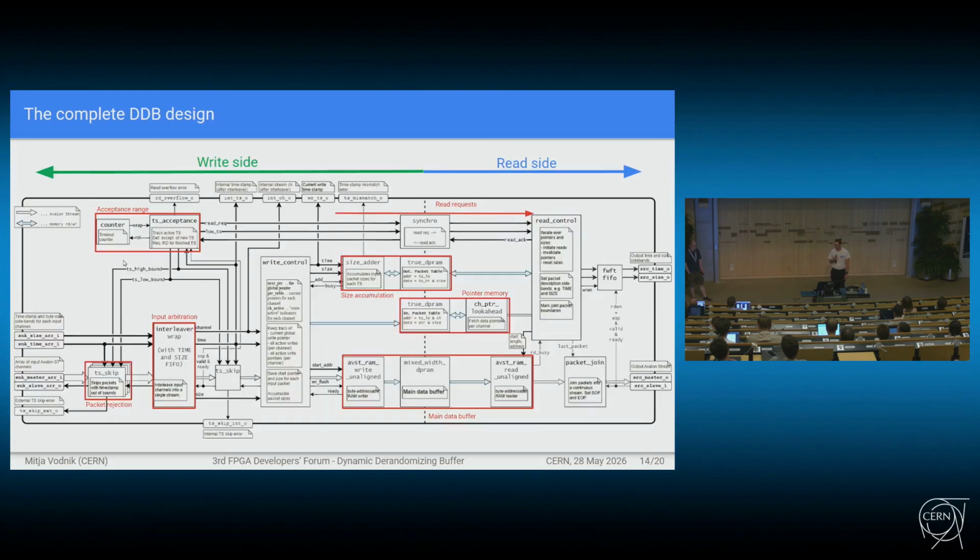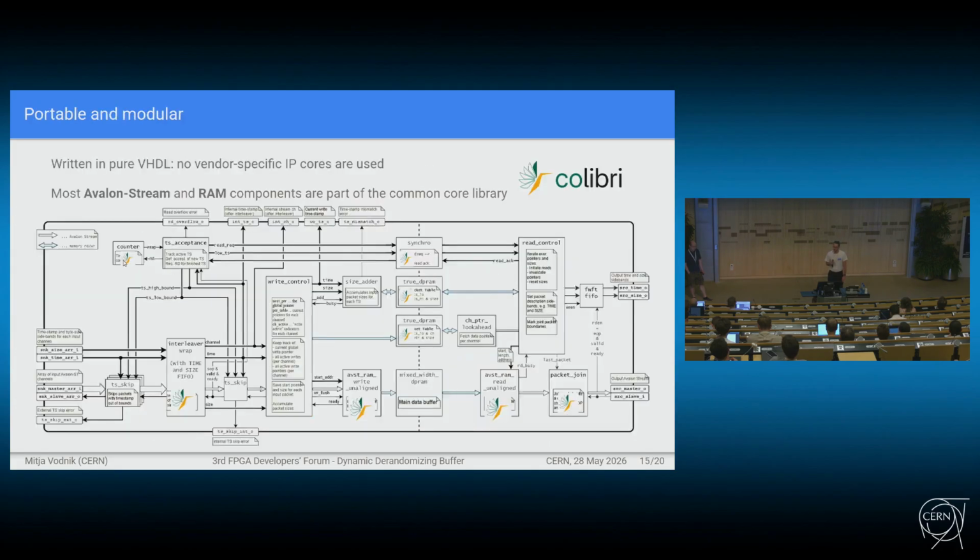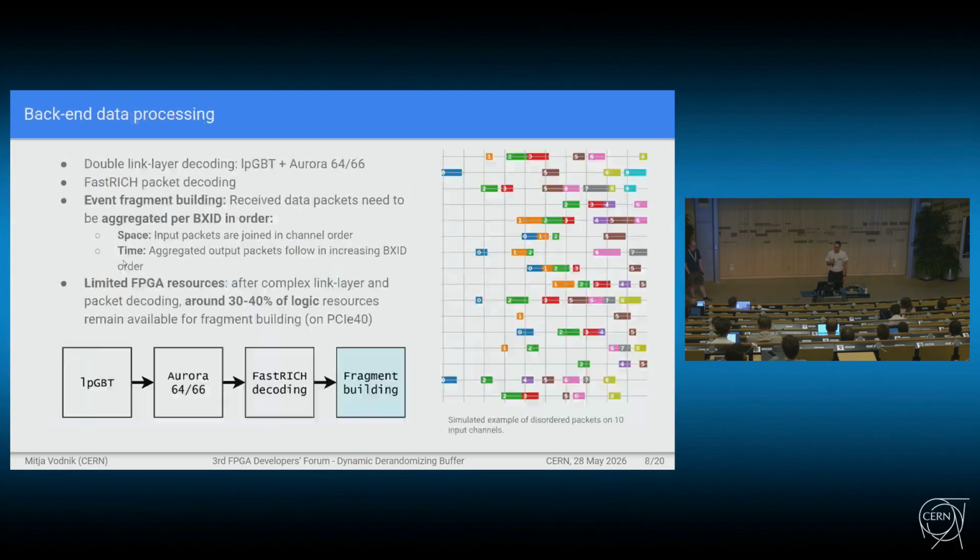I don't have it here, but for example, where I say that I have 30 to 40% logic left, it means it's about 70 to 80% full. The LPGBT, Aurora, and FastRICH decoding for 168 inputs use about 40% of logic. That's from my head, but Paolo Durante made those estimations.